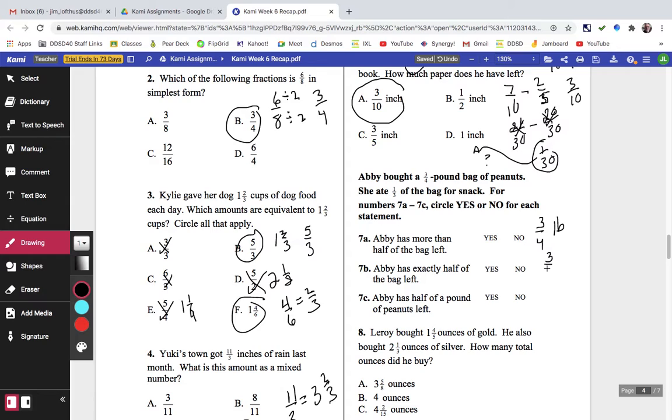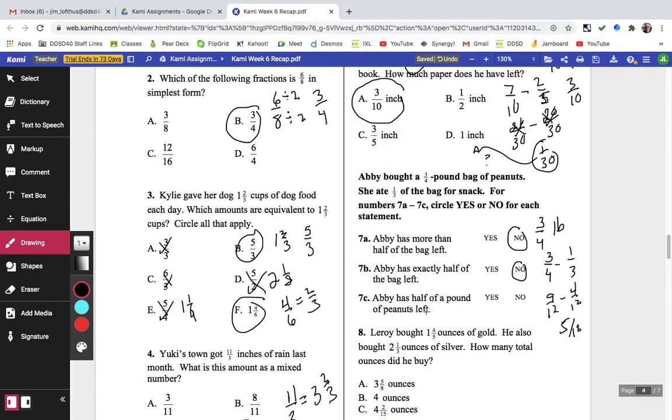So 3/4 minus 1/3 is, I'm going to triple that to 9/12, same as 3/4, and I'm going to quadruple this to 4/12. So if I subtract it, I get 5/12. And Abby has more than half left. 5 out of 12 is less than, so that's a no. Abby has exactly half. 5 is not exactly half of 12, so that's no.